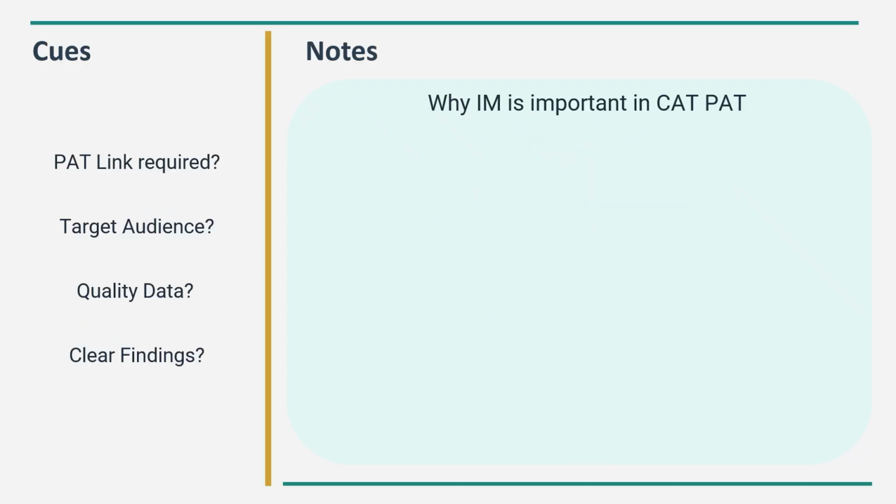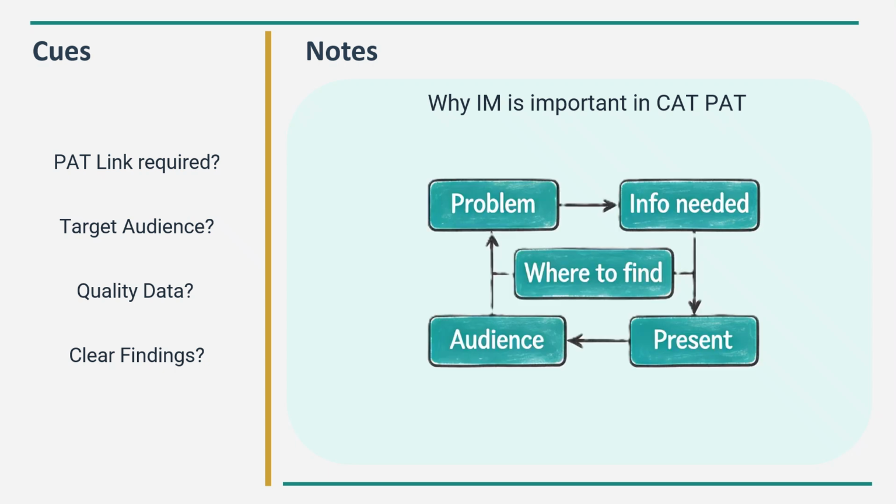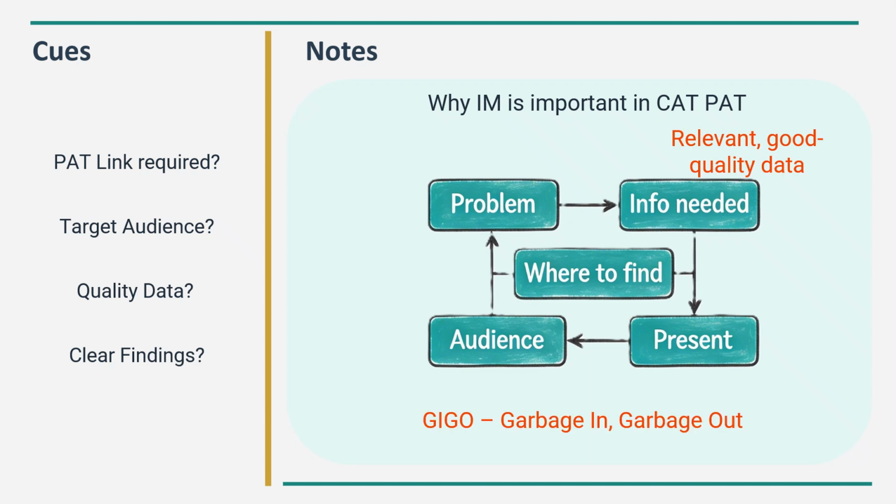So, you might ask, why is information management so important in your PAT? First, it ensures that you're collecting relevant, high-quality data, not just random information, which leads to GIGO, which means garbage in, garbage out. Second, it creates a clear, logical link from your original problem through your research and discussion all the way to your conclusion.